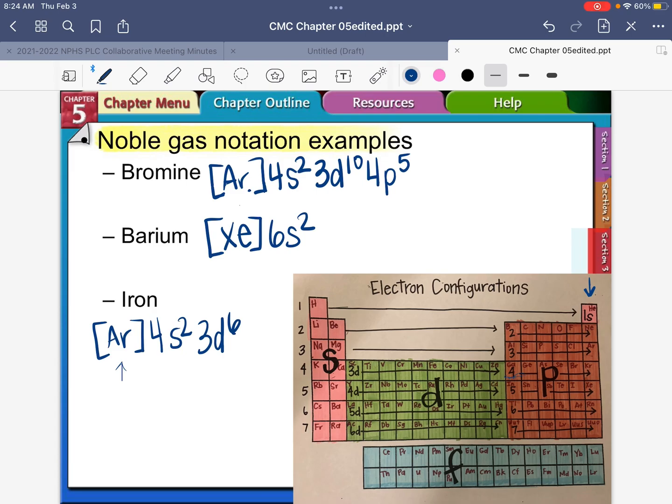So if I had asked for, let's say, the noble gas configuration of xenon, for example, right here, I cannot just put xenon in brackets and call it a day. I'd have to go to the noble gas before it, which is krypton, and put that one in brackets, and then finish out the rest of the configuration. So it's an important thing to know. All right.